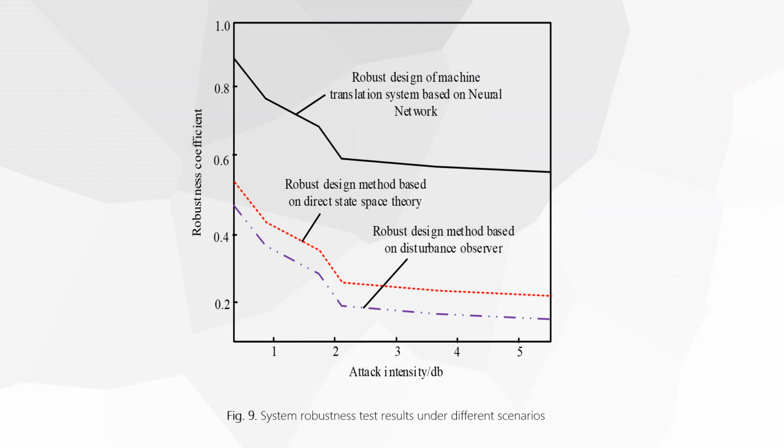The different operating conditions of the machine translation system are set by controlling the number of translation tasks of the system. Observe the changes of the system robustness coefficient, and the final test results are shown in Figure 10.